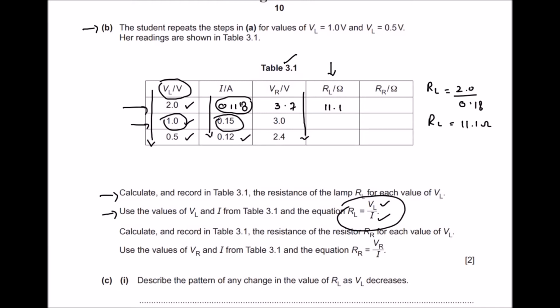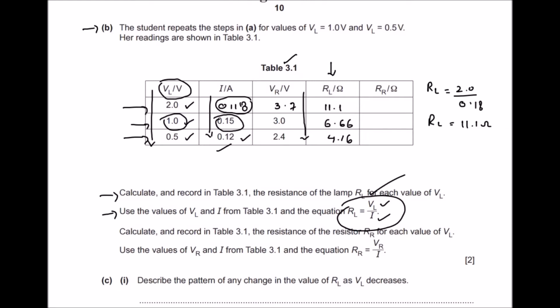When you divide 1 over 0.15, you get 6.66 by using the same formula. In the third case, voltage is 0.5 and the current is 0.12. When you divide 0.5 by 0.12, you get 4.16.